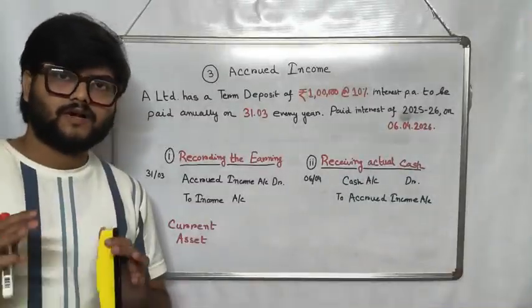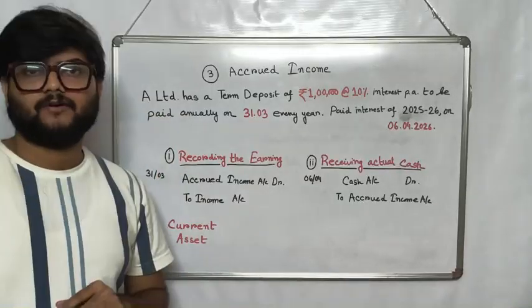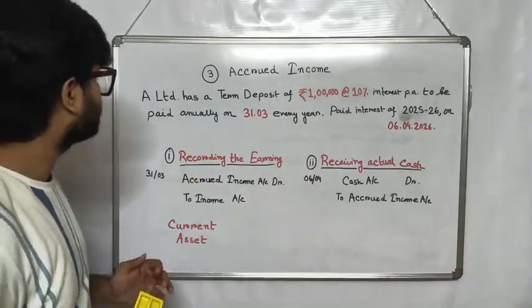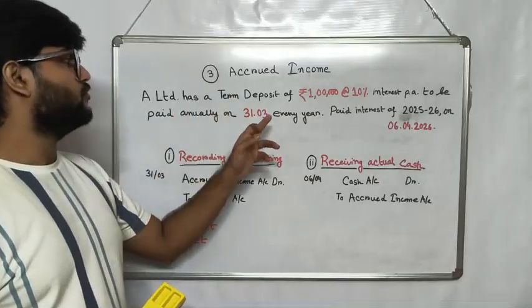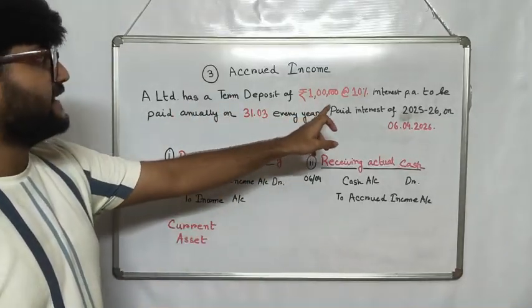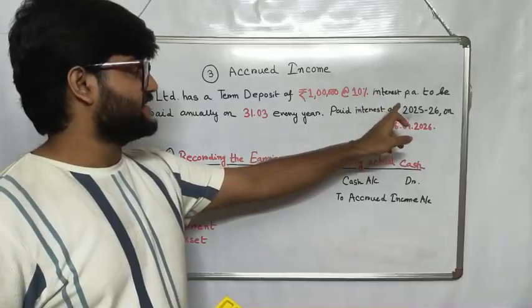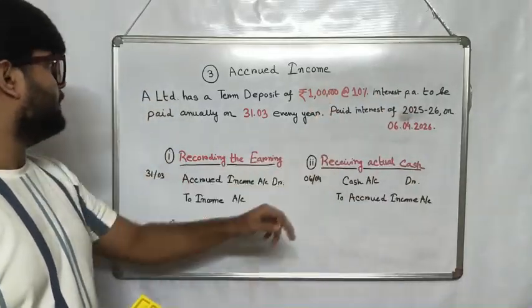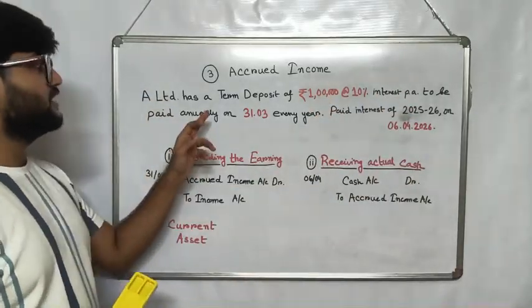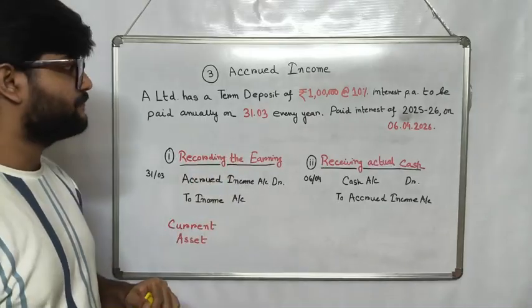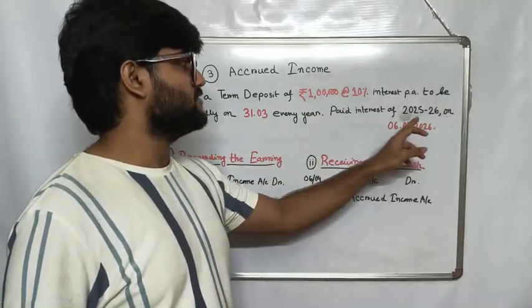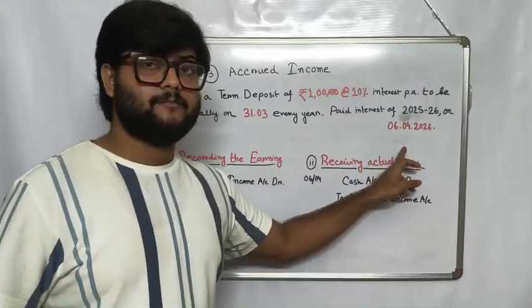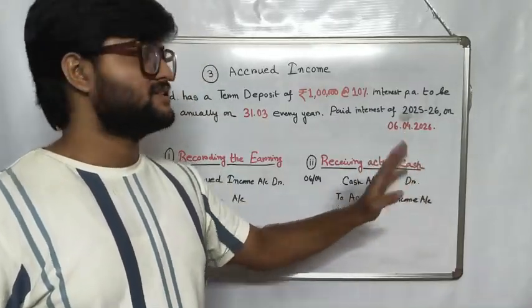Now we will look at a real life example of accrued income. A Limited has a term deposit of rupees 1 lakh at the rate of 10% interest per annum, to be paid annually on 31st March every year. It paid the interest of 2025-26 on 6th April 2026.